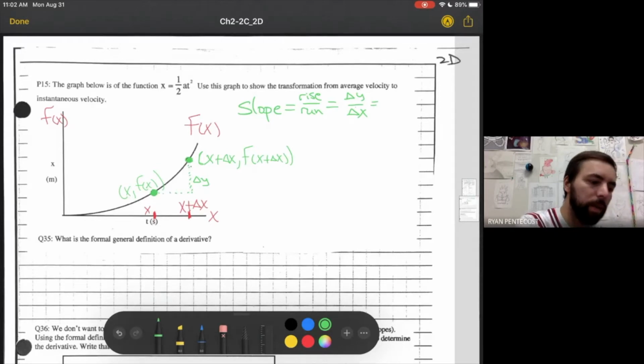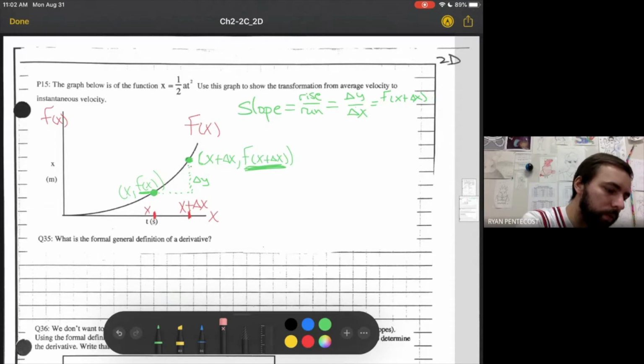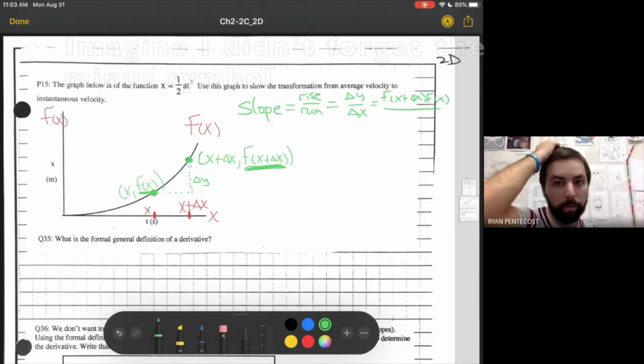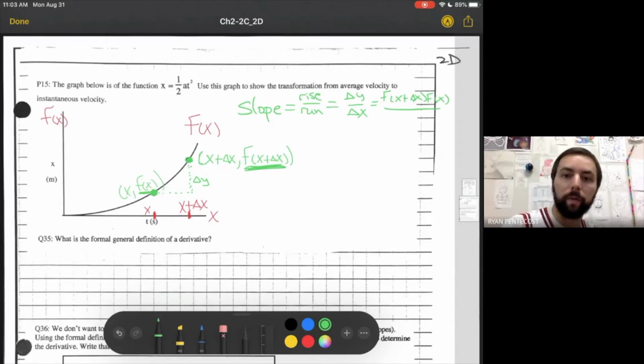So our delta y would be f of x plus delta x, then you would subtract the other y value, which is f of x. Okay, so that is our rise in this problem for this entire curve.